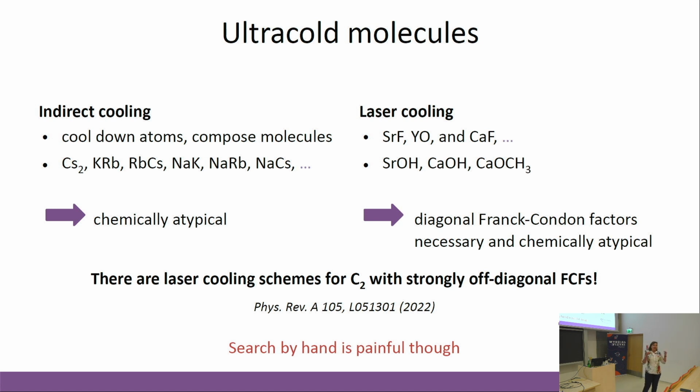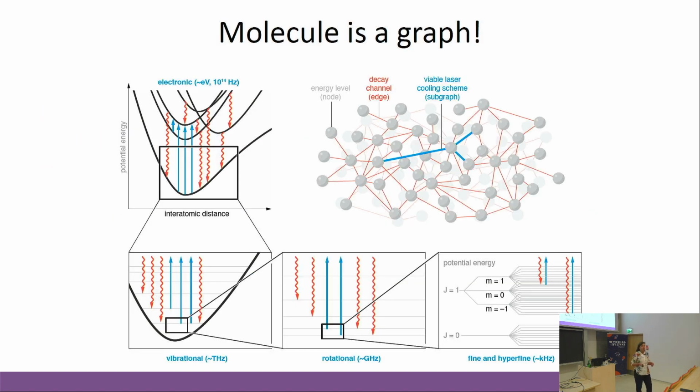And as Nicolo can vouch for, search by hand is really painful for such laser cooling schemes, especially when you abandon this guiding light of diagonal Franck-Condons. So what we propose is to basically ask a machine to do it for us.